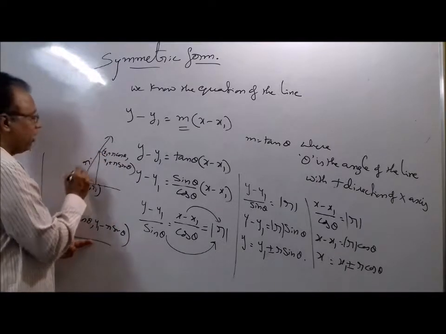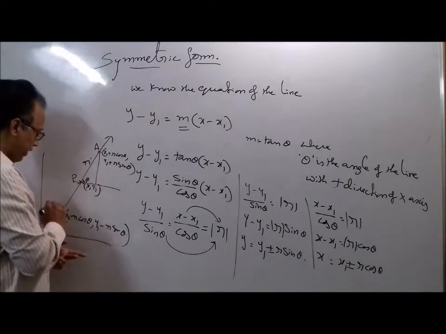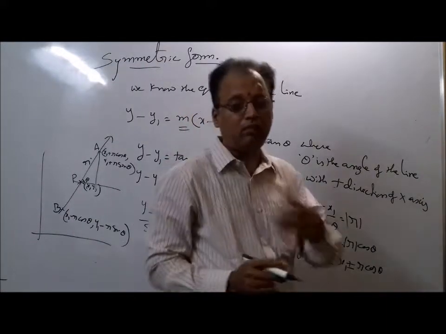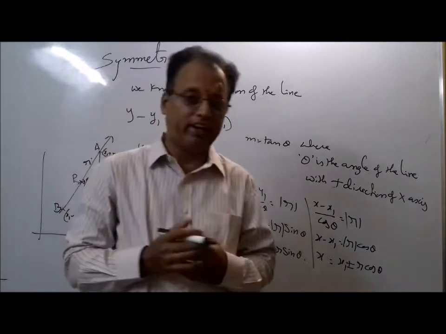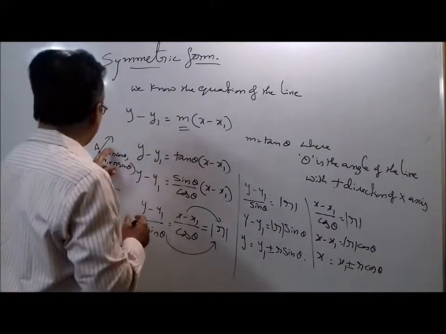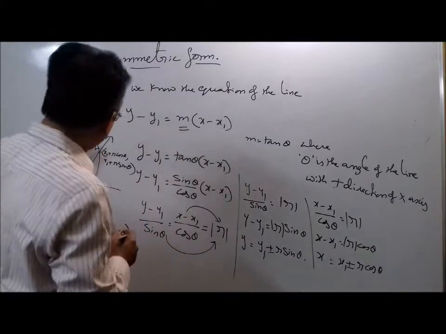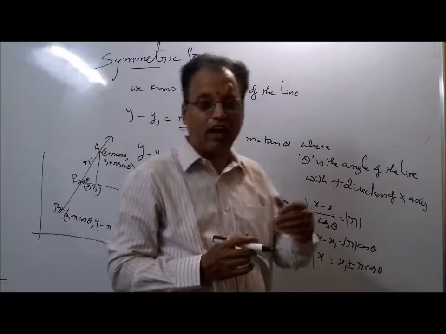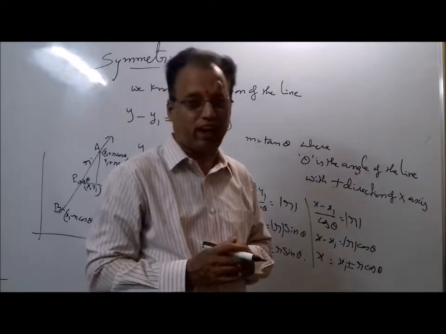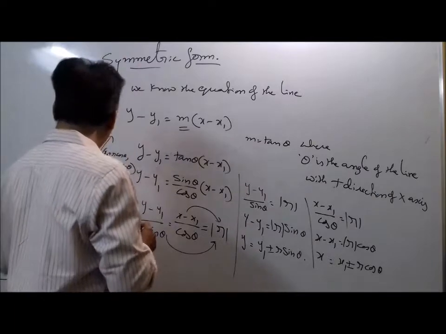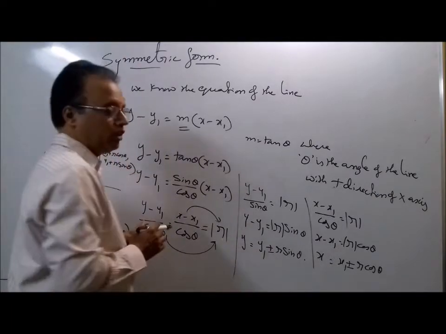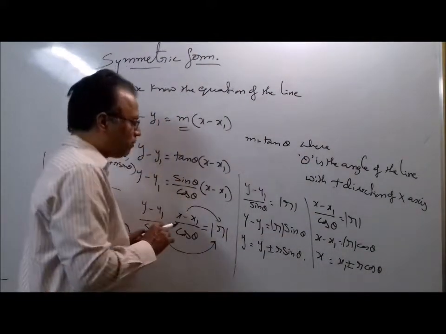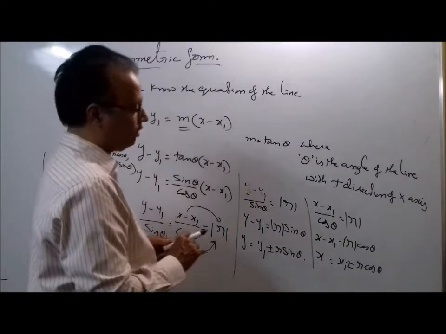Suppose this is P, we are getting some A and B. So the symmetric form can be used to find random points when there is some distance r and some theta, the angle of the line with the positive direction of the x-axis. Then we can find the random point at a particular distance from P. Okay, let us do some problems based on this symmetric form.